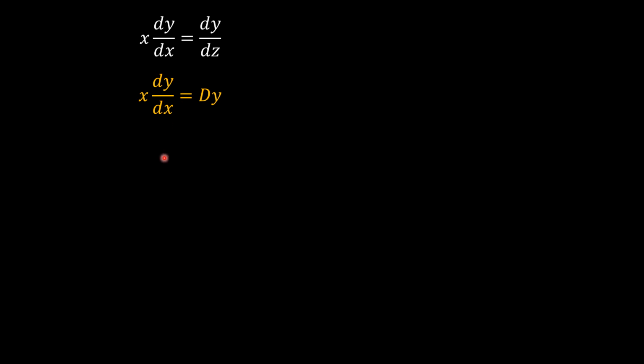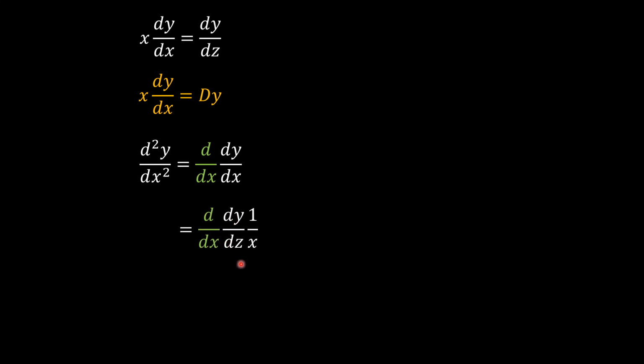Now we will go for finding d²y/dx², which is equal to the derivative of dy/dx with respect to x. In the earlier derivative, we obtained dy/dx as 1/x into dy/dz.